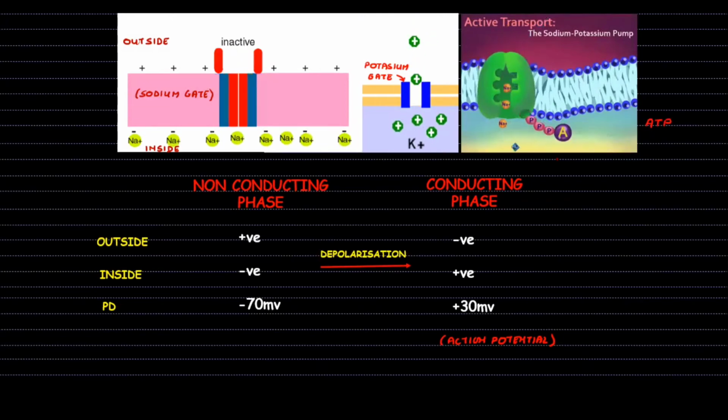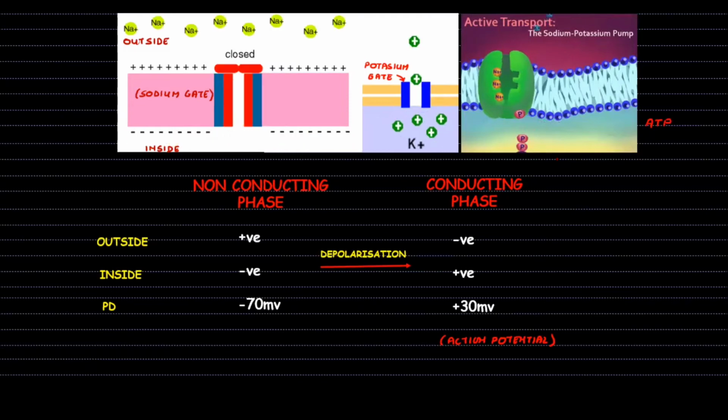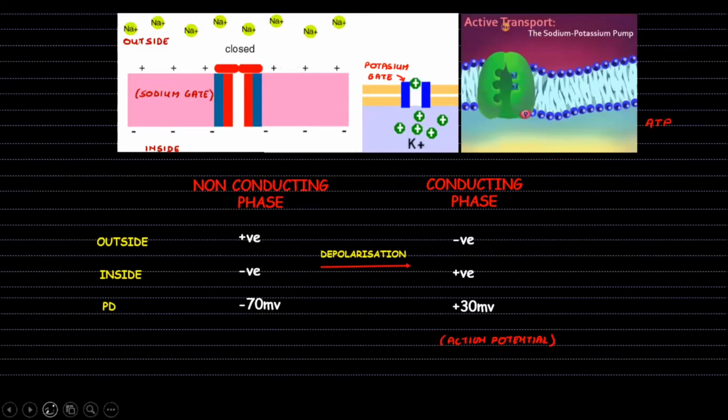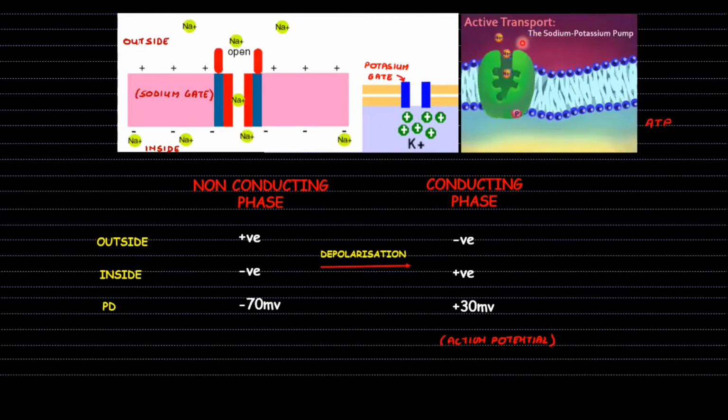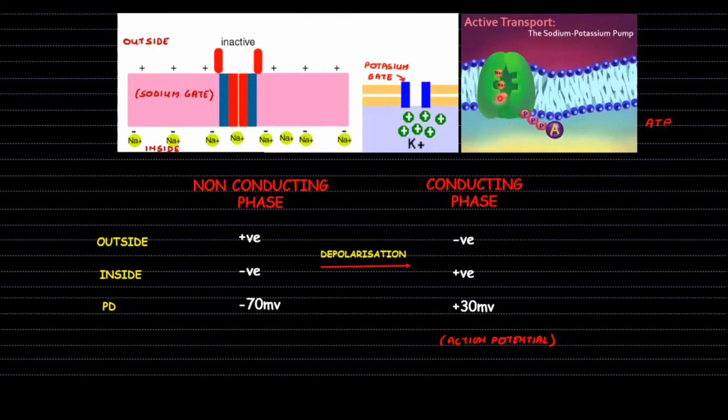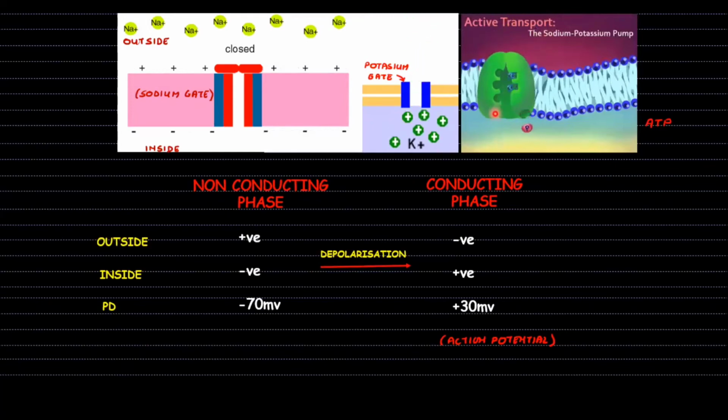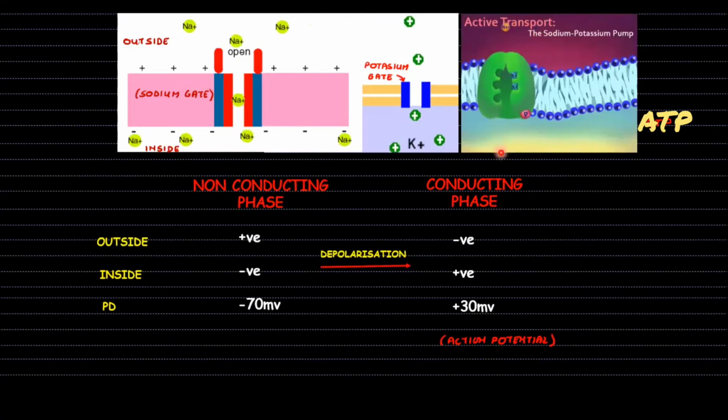How does it work? It pumps out 3 sodiums and 2 potassiums are pumped in. 1, 2, 3 sodium out. See, the blue ones, 2 potassium in. 3 sodium out, 2 potassium in.